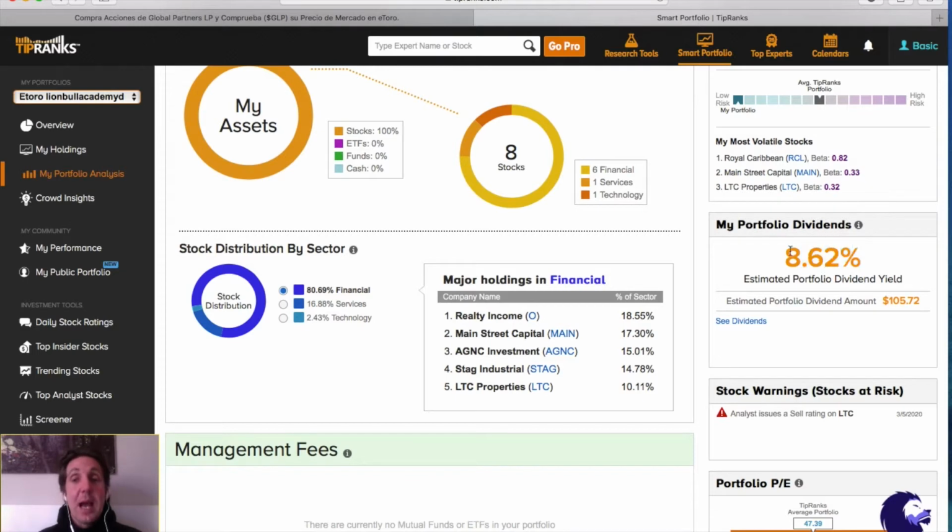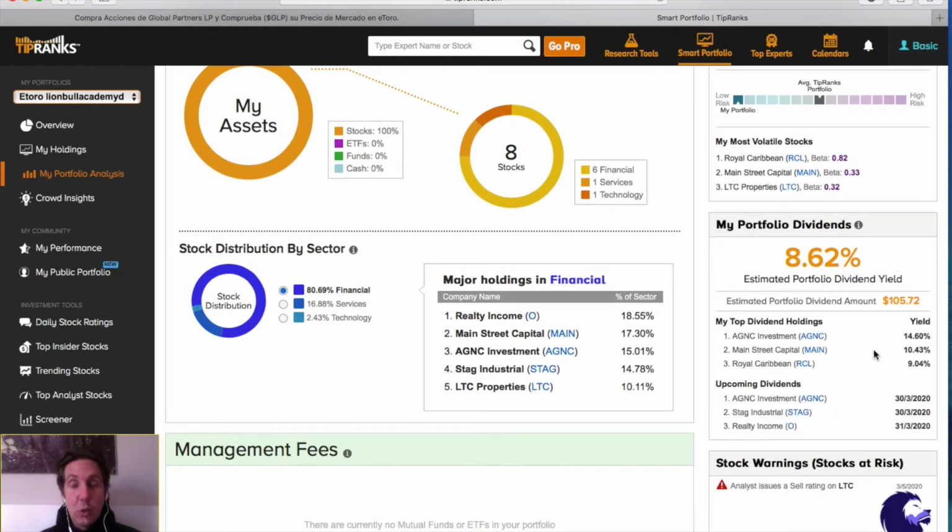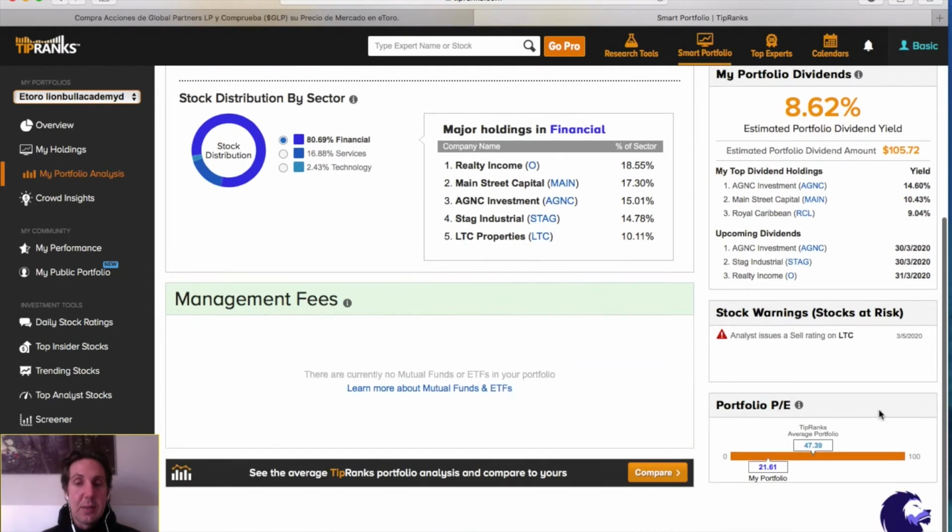So here it says my portfolio this year is going to give around 8.62% a year. It will be around $105 a year. Very nice. And you can click here and it shows you the dividend yield of each stock, the top holdings I have, and the oncoming dividends, which will be the ex-dividend dates, the closest ones. So it's really perfect for that stuff.